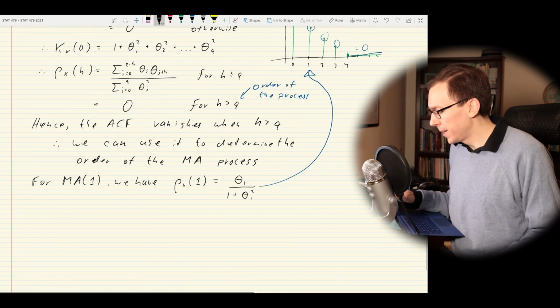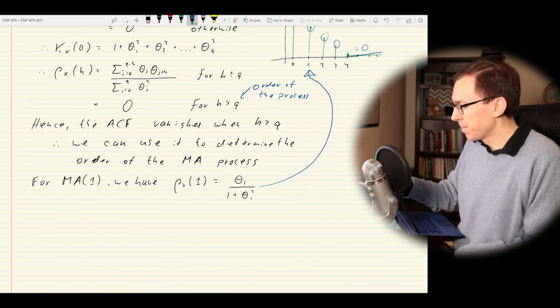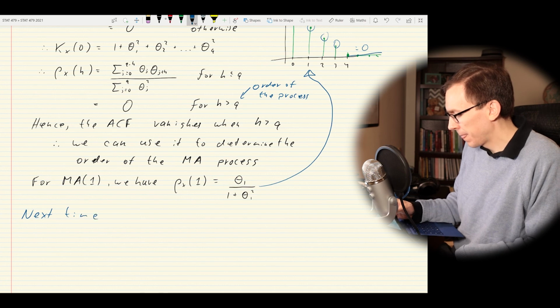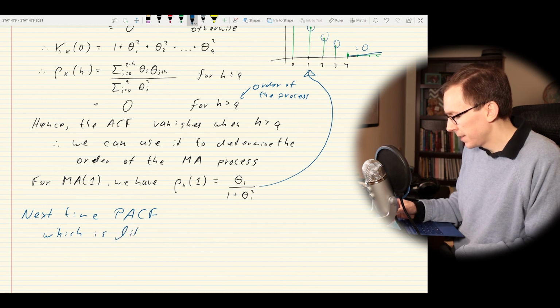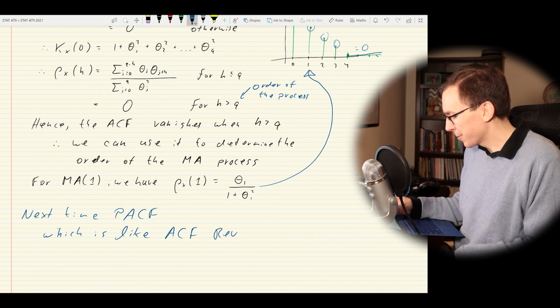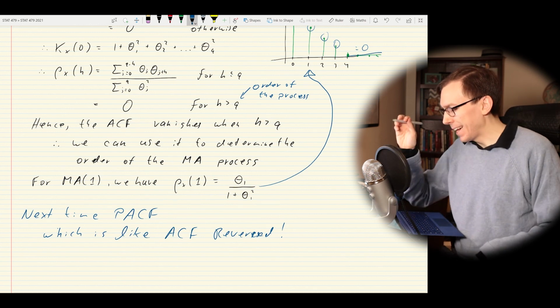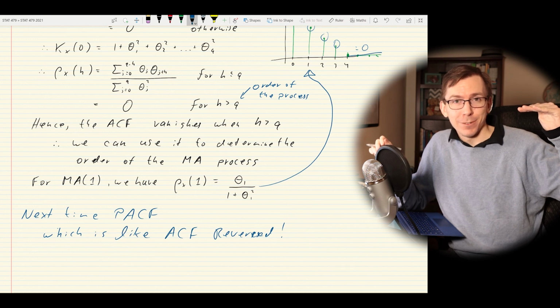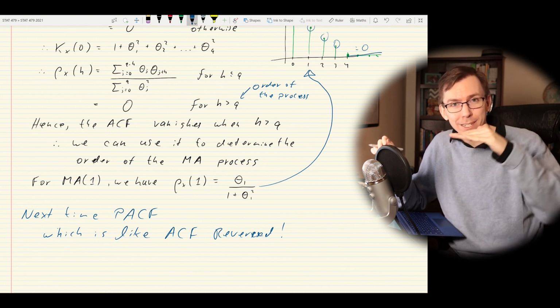Right, so I'm not going to go on to PACF today, but roughly, for next time we're going to look at PACF, which is like ACF reversed. What I mean by that is that for ACF, we saw that for autoregressive, we have geometric decay.